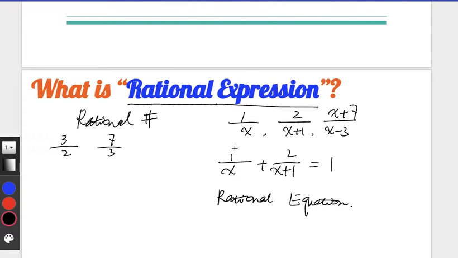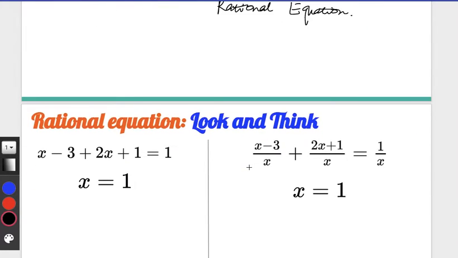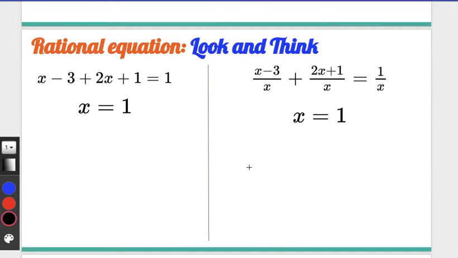So today the focus will be how we solve this type of equation. Before jumping to the solving part, I would like to show you something and I would like you to have a look. I want you to compare the left side and the right side.